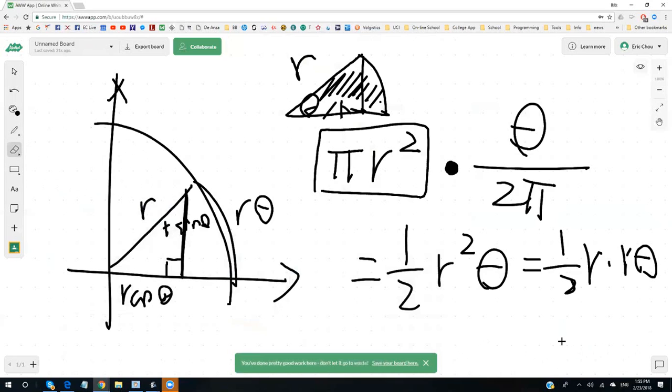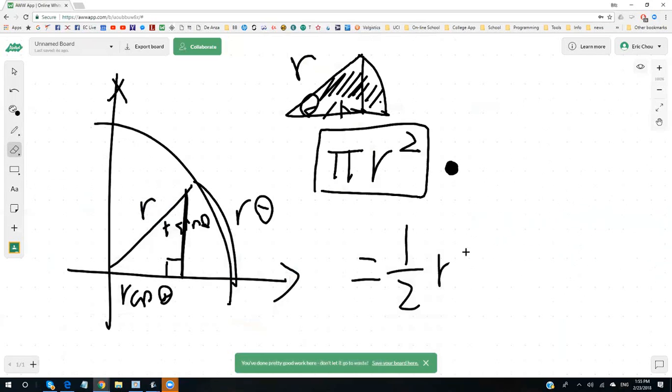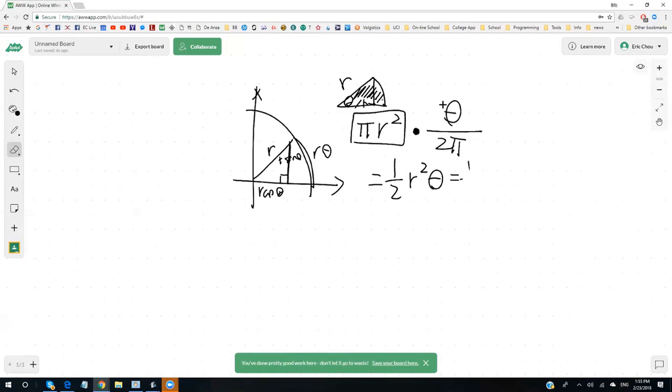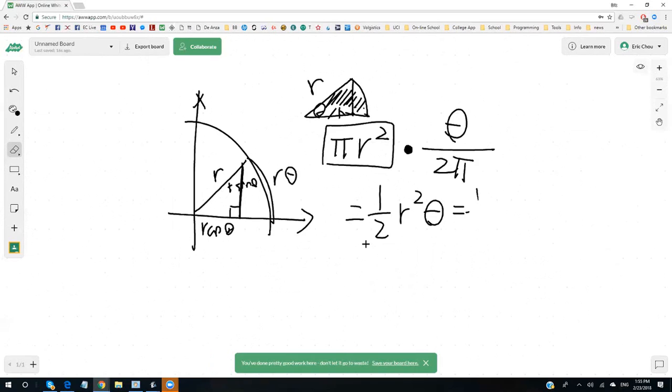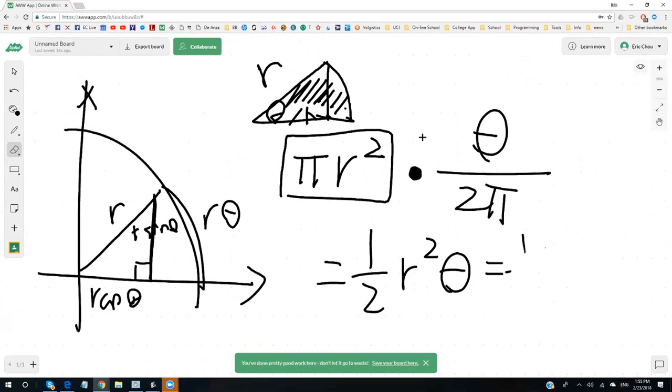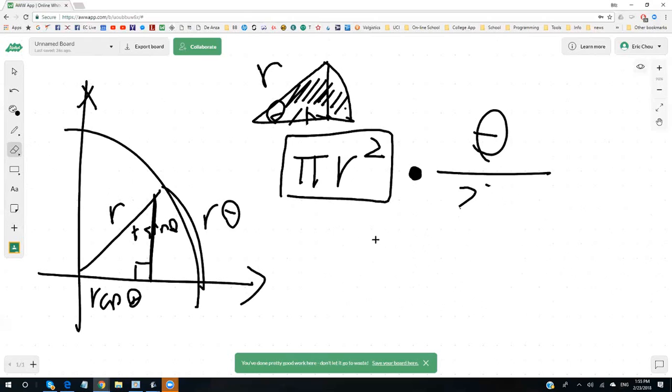Okay, let me erase this part. This side. Just erase it. Okay. Now we know the area.